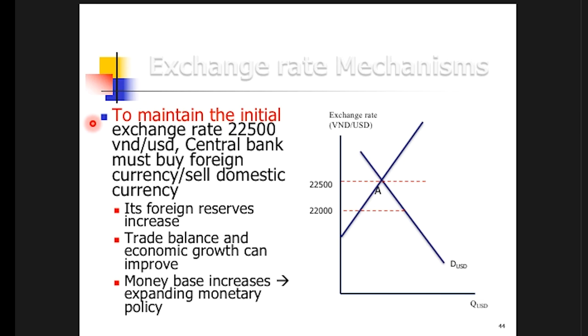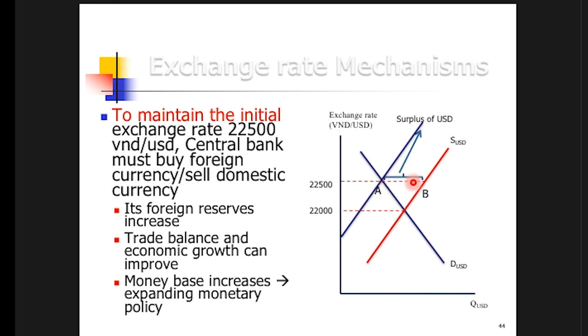In the opposite case, when the exchange rate is 22,500 Vietnam dong for $1, and if for any reason supply of US dollar increases and shifts to the right, it may lead to a reduction in the exchange rate to, for example, 22,000.